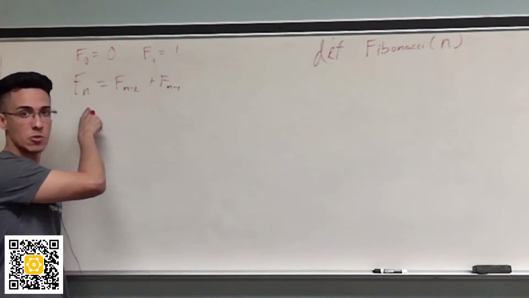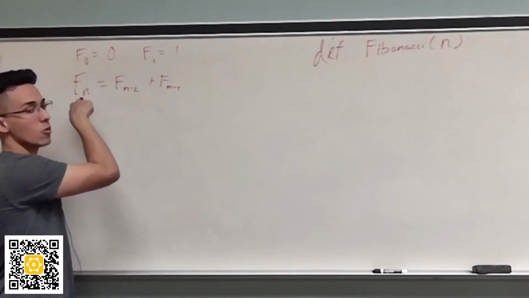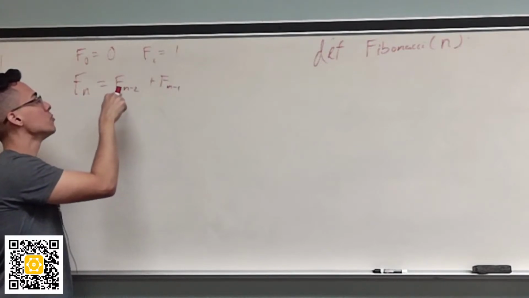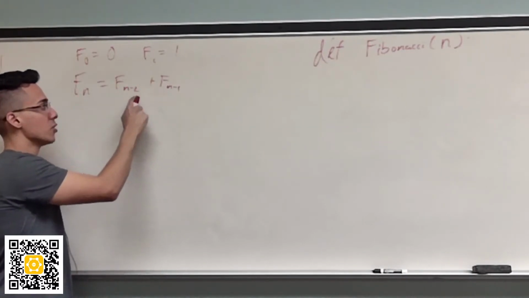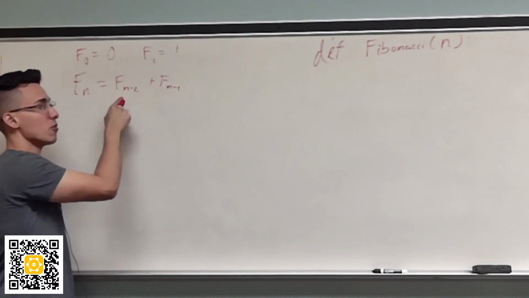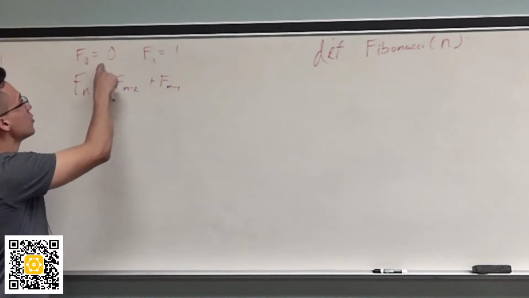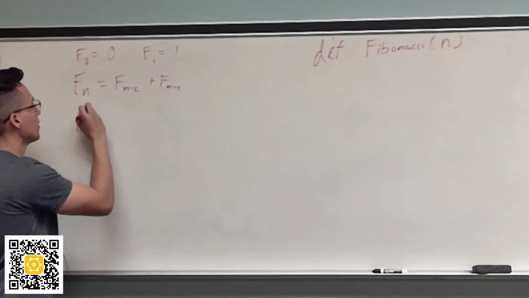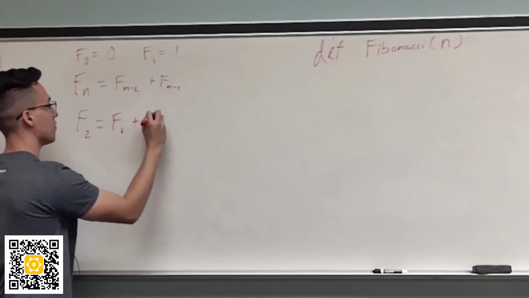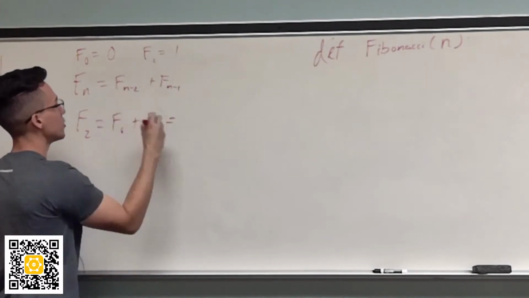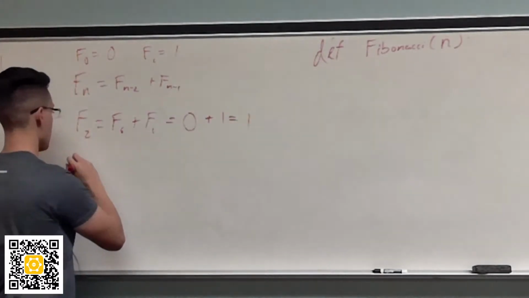So this is a recurrent solution. The number you're on is equal to the previous two numbers: the one right before it and the one right before that one, and it's the addition of those. So if f of 0 is 0 and f of 1 is 1, f of 2 equals f of 0 plus f of 1, which is 1.